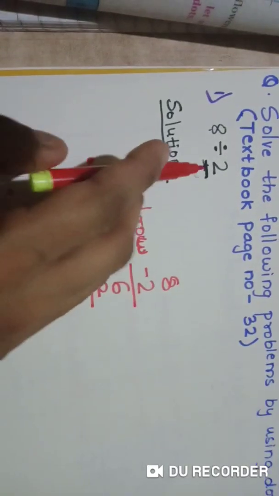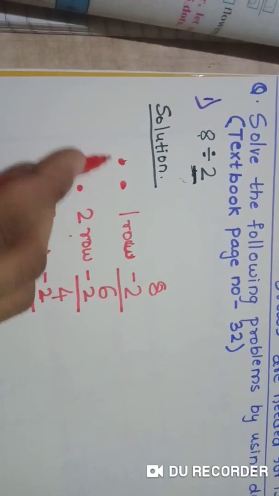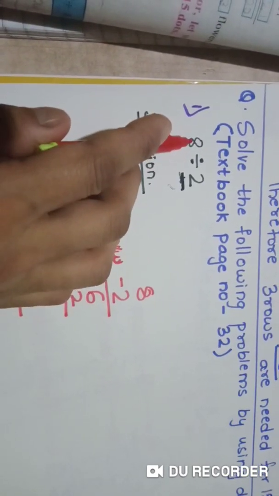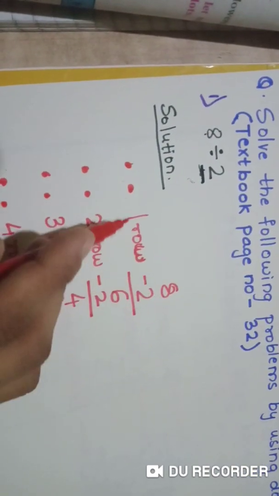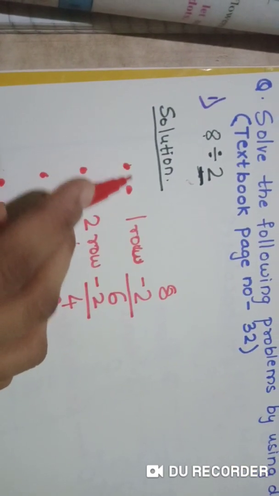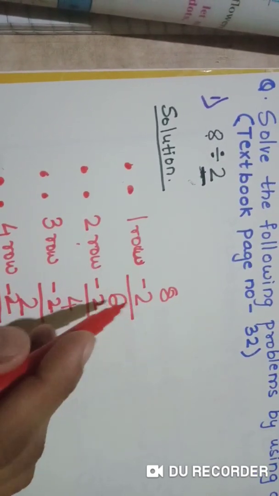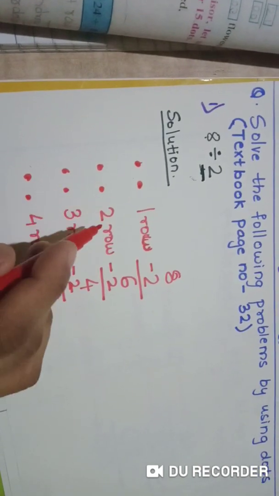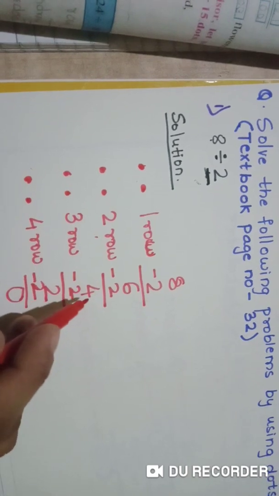As I have told you, whichever is divisor, that many dots you have to draw and subtract from the dividend. What is the dividend here is 8. Therefore 8, then we have drawn 2 dots in the first row, minus 2. 8 minus 2 we have got here is 6. Then again 2 dots in the second row. 6 minus 2 is 4.